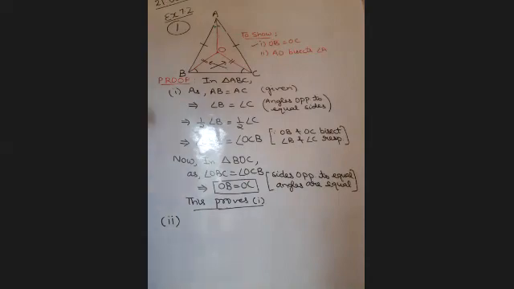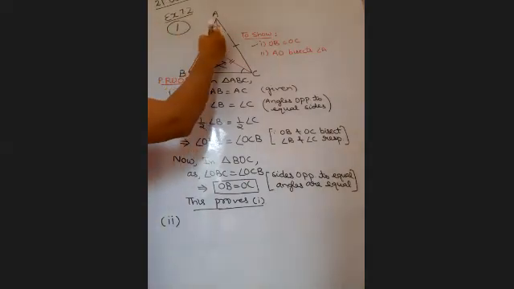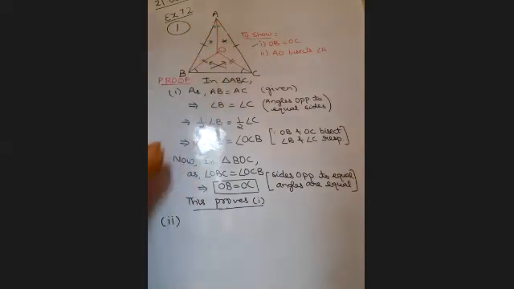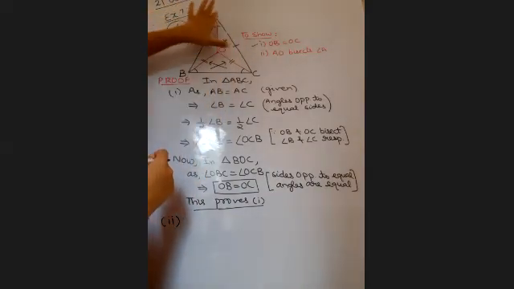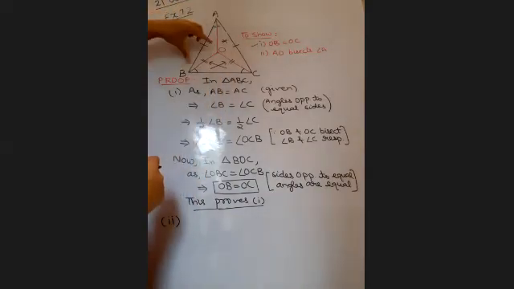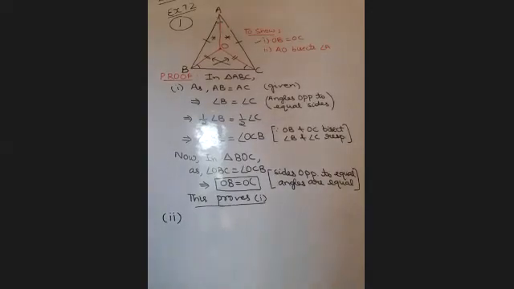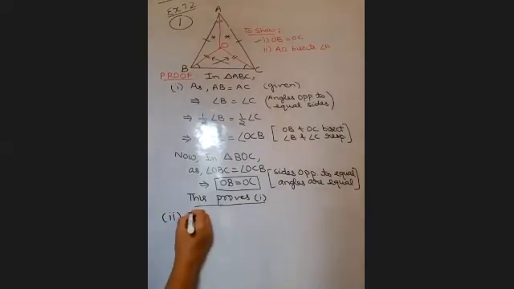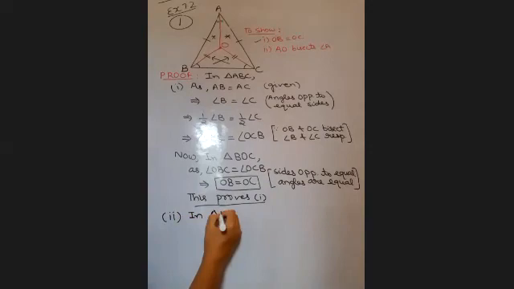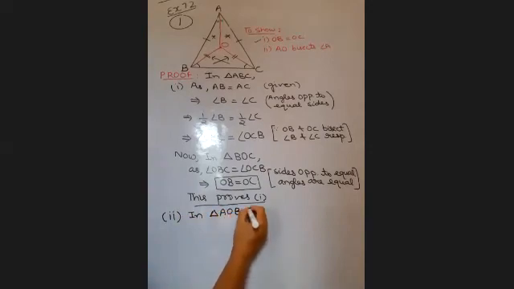AOB and AOC. We have AB equal AC, OB equal OC, and OA equal OA. So by SSS, are the two triangles congruent? Yes, we will get this.